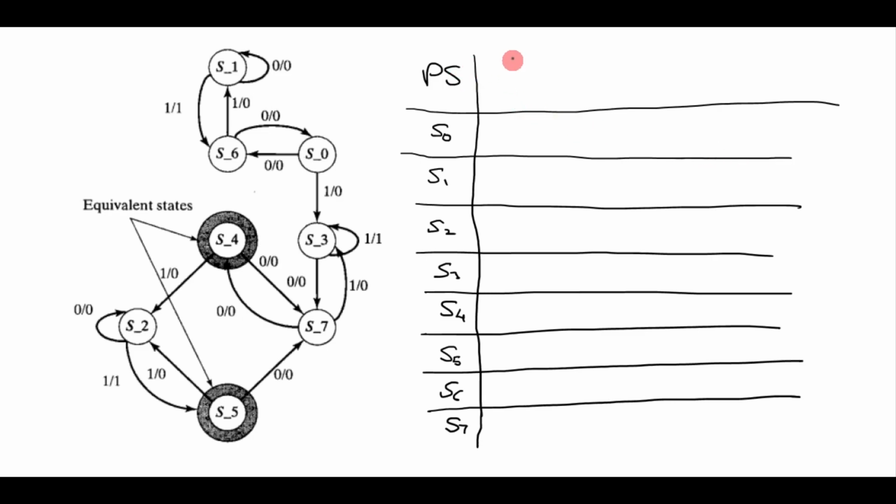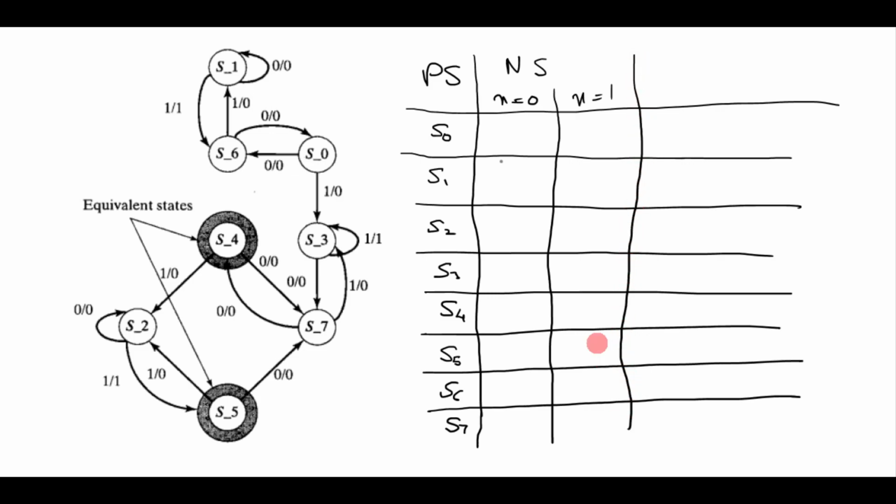So your next states are when x is equal to 0, or your input is equal to 0, and when your input is equal to 1. So from here, when you apply 0, you get 0 output and you move to state S6. And from S0, when you apply 1, you move to state S3.